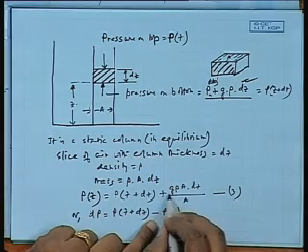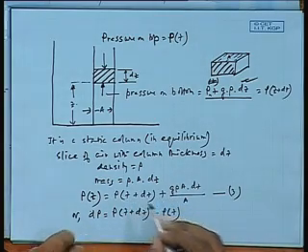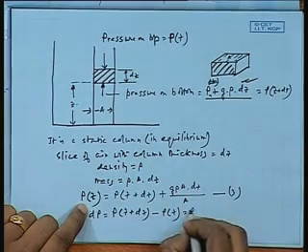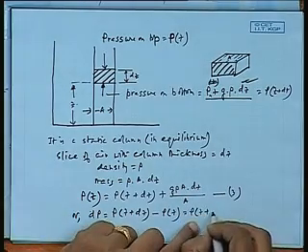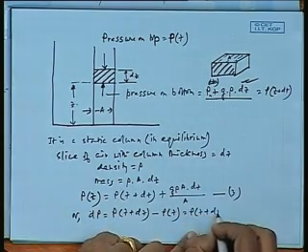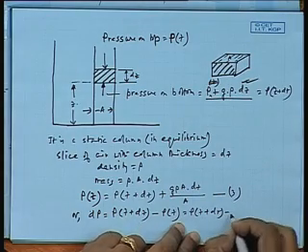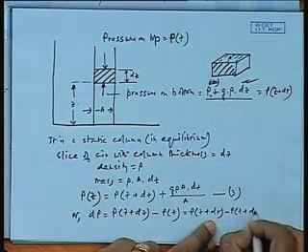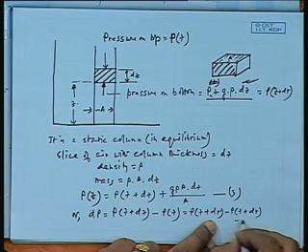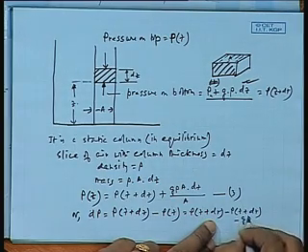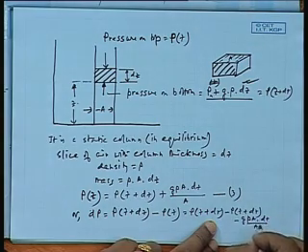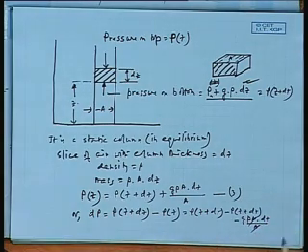If these two things are Pz, if we are just changing it, this one is P(z) minus P(z plus dz) minus g rho A into dz divided by A, A cancels.